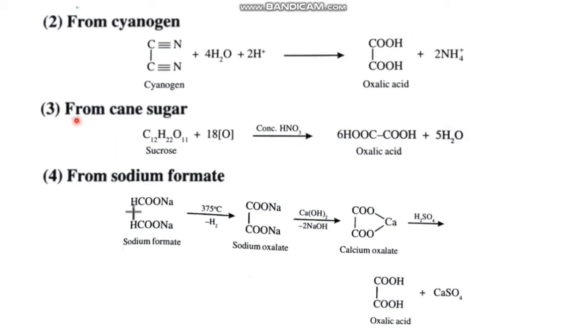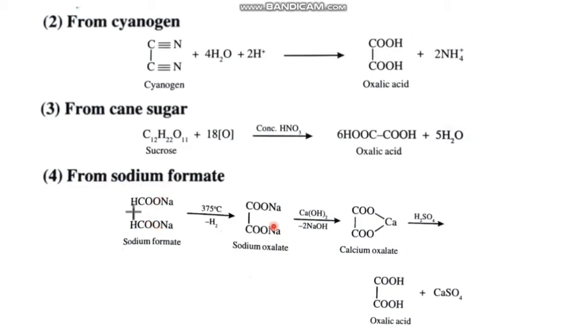Then the third method, from cane sugar. Oxalic acid can be prepared by the oxidation of sucrose, that is cane sugar, with concentrated nitric acid in the presence of vanadium pentoxide, V2O5. Here V2O5 is the catalyst. Then the last method, from sodium formate.